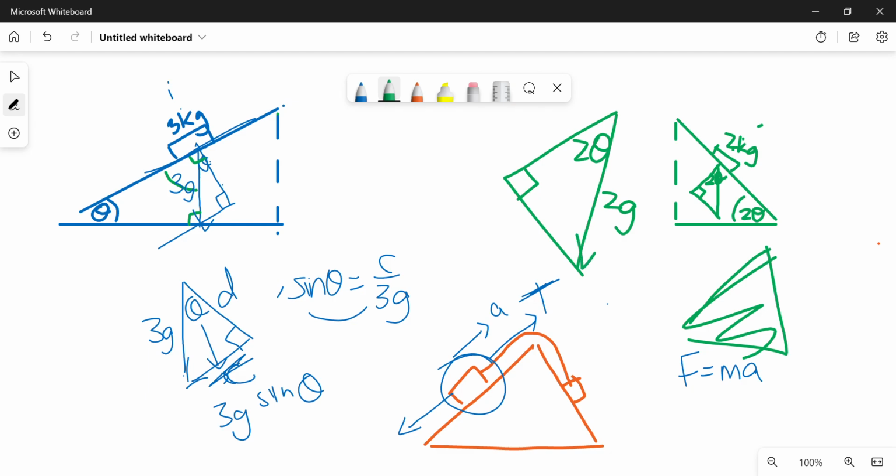So straight away I know this is using opposite and hypotenuse, so this is sine 2 theta of that 2g. It's a proportion of that 2g, and this would be using my a and my h. So therefore that's cos, the cos of the angle, that proportion of my 2g. All right, hope that helps.